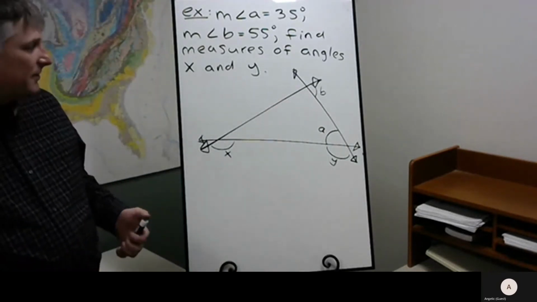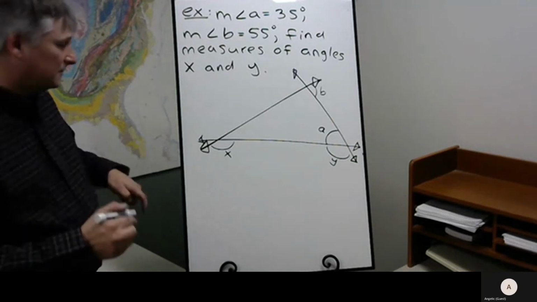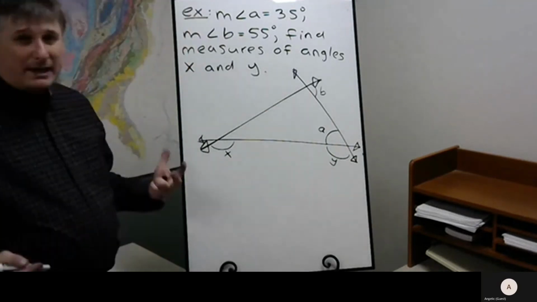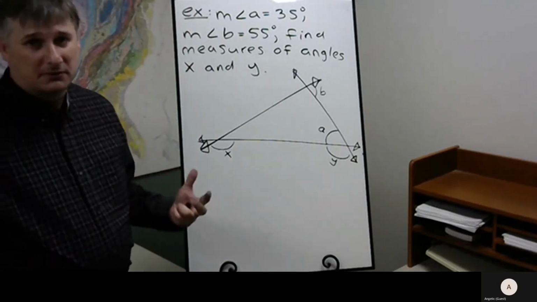So first off with this, you can do this in different versions. We're told A is 35 and B is 55.